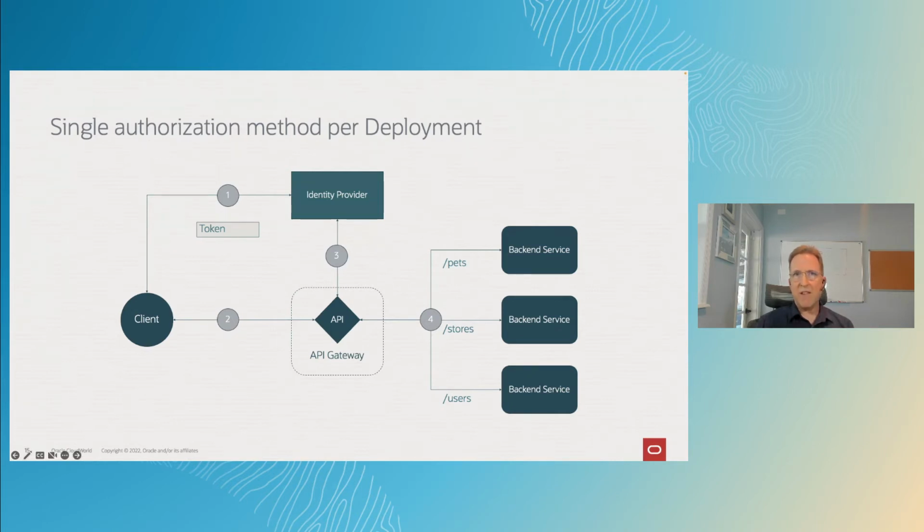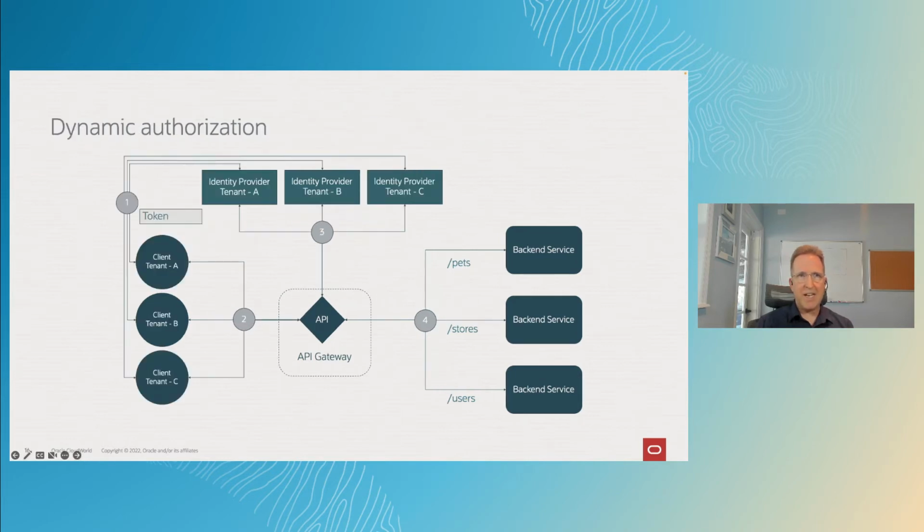API Gateway has a lot of flexibility in that you can use a different identity provider for every API deployment that is on API Gateway. It's not just a one-to-one relationship between the gateway and the identity provider, it's actually the API deployment. But we've expanded that even further with dynamic authorization.